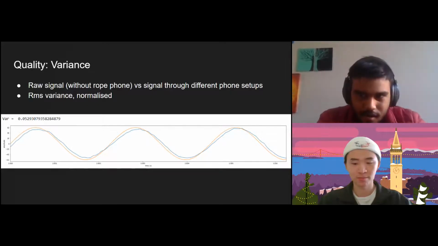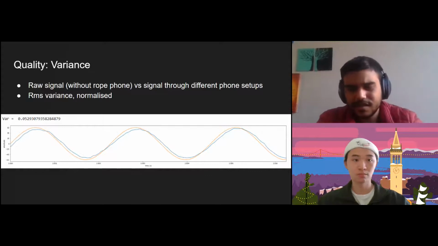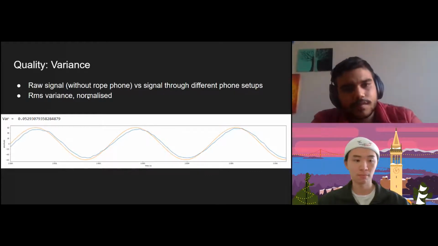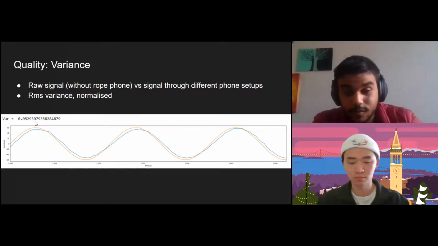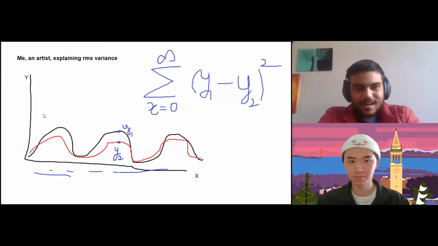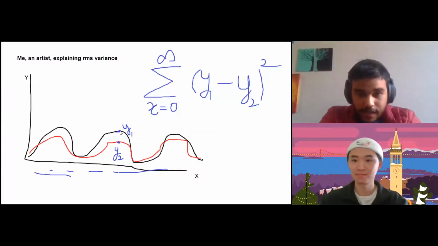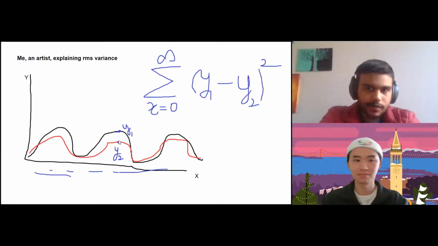Most of you must have seen this in lab classes or in statistics. I have a very artistic depiction of this in the next slide. Imagine these are our two waveforms, and at each point on the x-axis, we find the difference between the two y values.